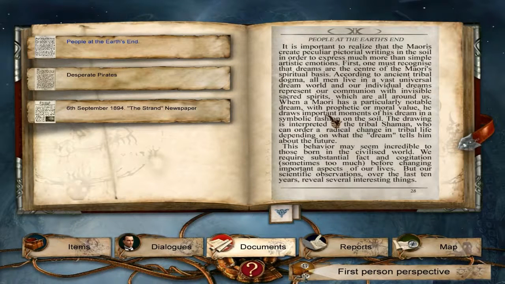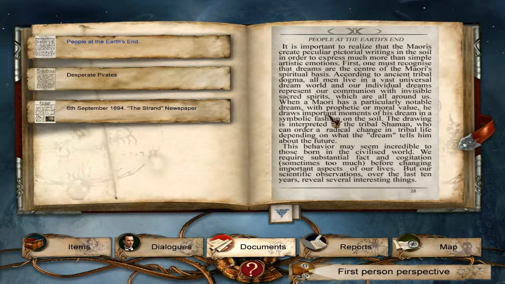It is important to realize that the Maoris create peculiar pictorial writings in the soil, excuse me, in order to express much more than simple artistic emotions. First, one must recognize that dreams are the center of the Maori spiritual basis. According to ancient tribal dogma, all men live in a vast, universal dream world, and our individual dreams represent our communion with invisible sacred spirits, which are all around us.